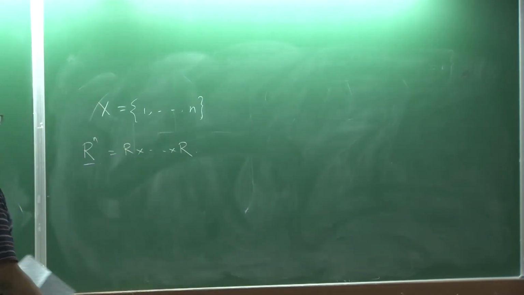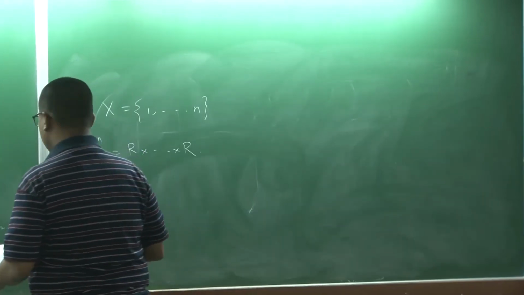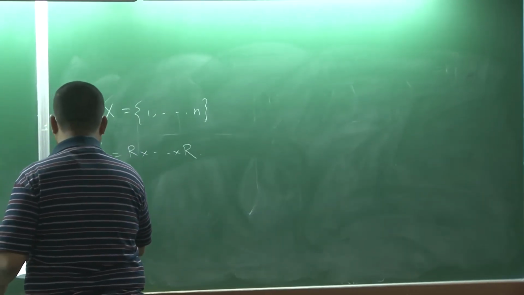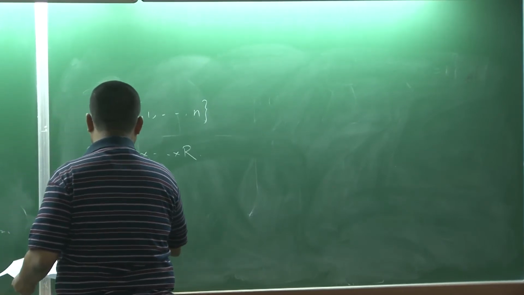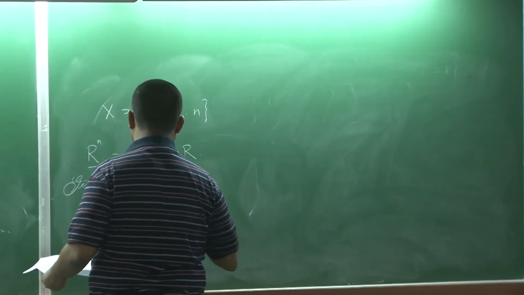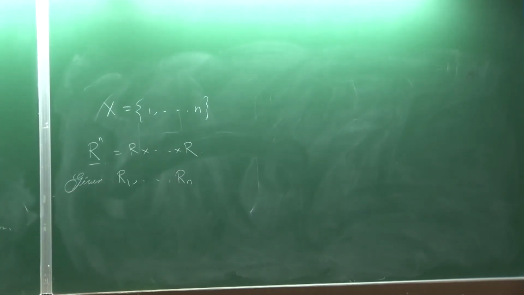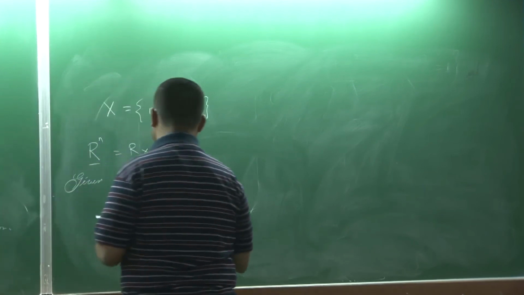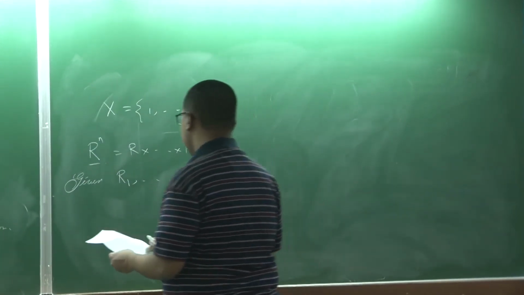In fact, more generally we can do the following. Given rings R1 up to Rn, so let us say we are given finitely many rings. Of course, what we are going to talk about goes for arbitrary collections, but for now let us first look at what happens in the finite case.